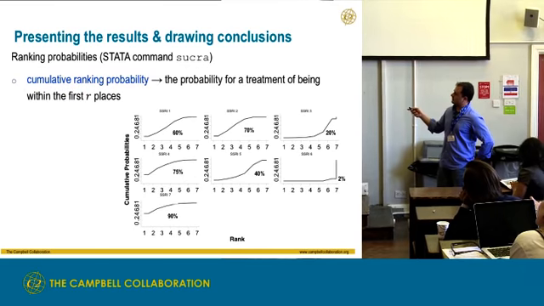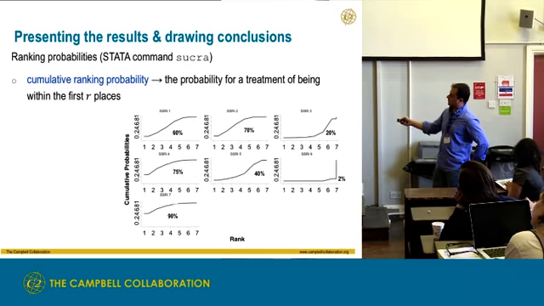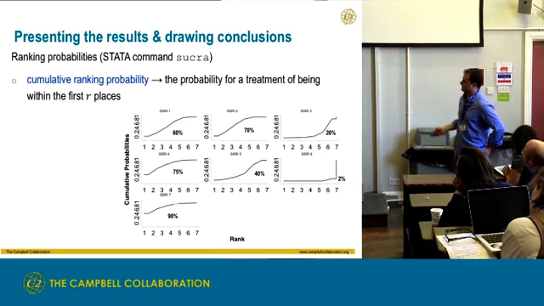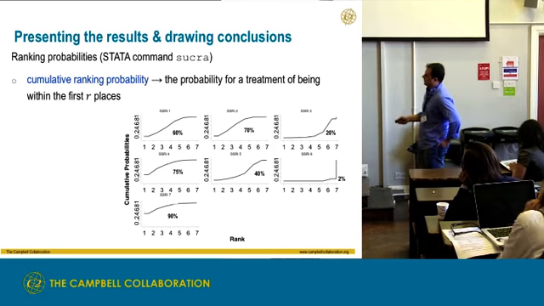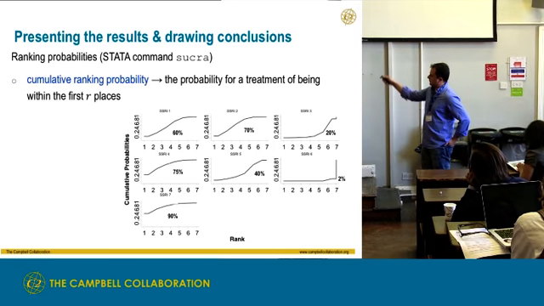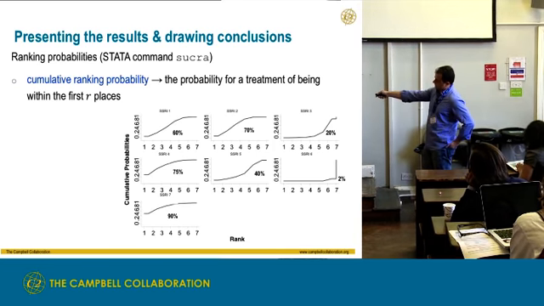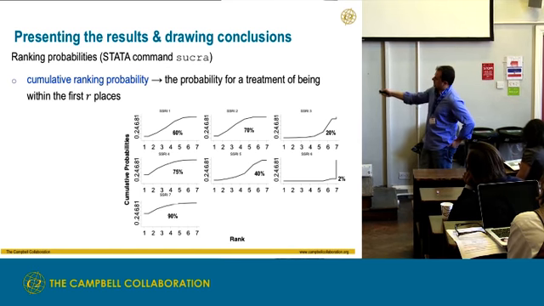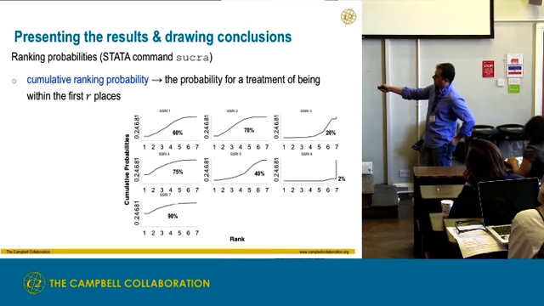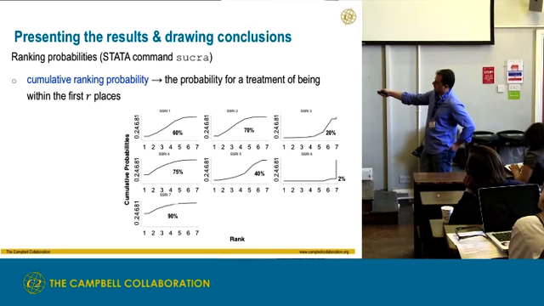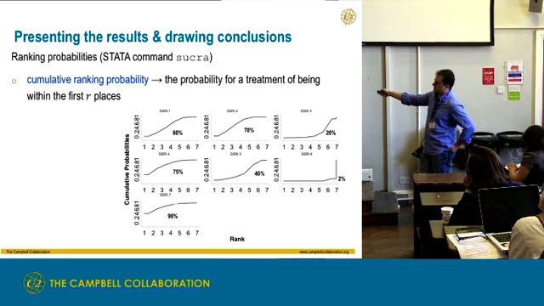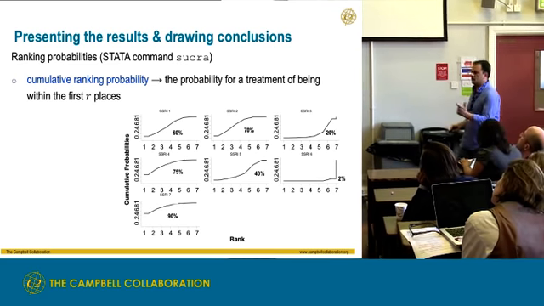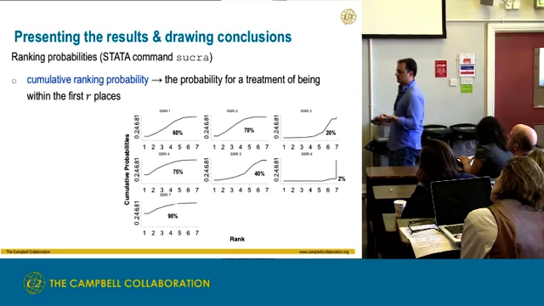So instead of just the rankograms, we can plot the entire cumulative ranking probability. In the horizontal axis, it's again the rank, and the vertical is the probability. For example, here, you get a probability of 0.6. That means that there is a 60% chance that this treatment is either first, second, or third.